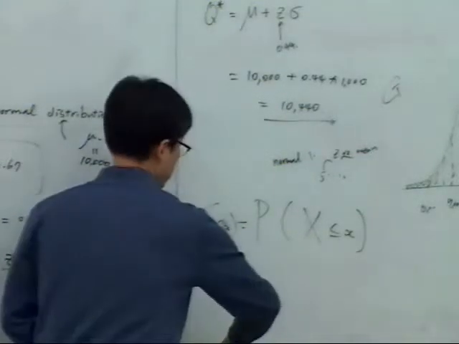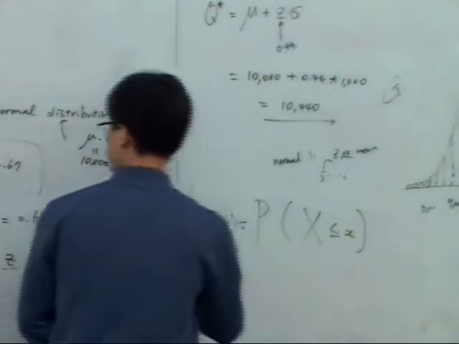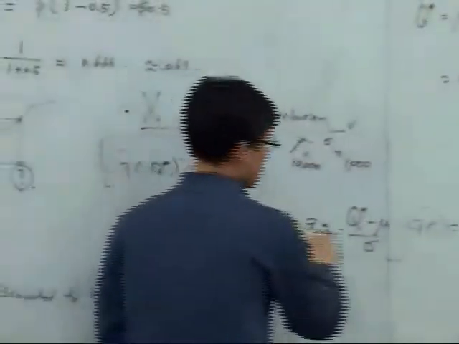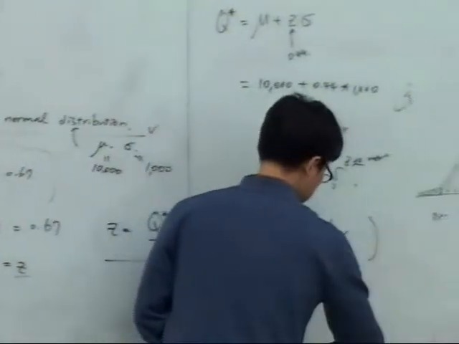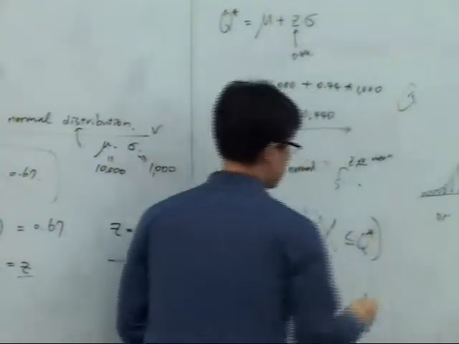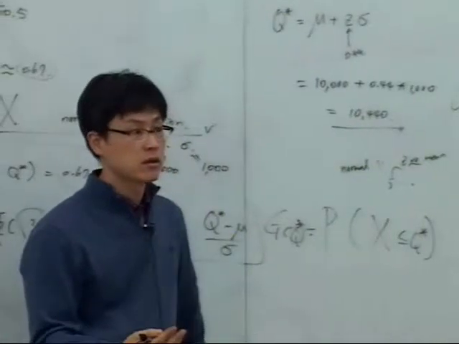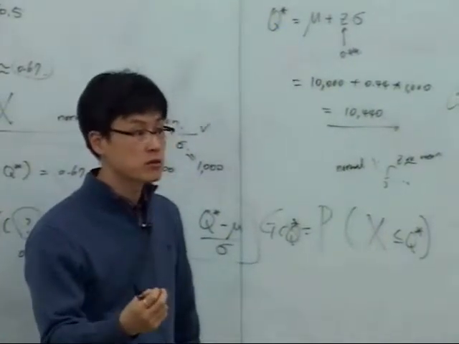Okay? We use this Q star. What's a Q star? Optimal inventory size.